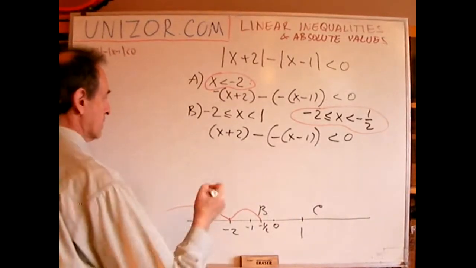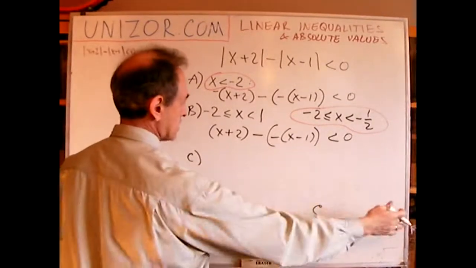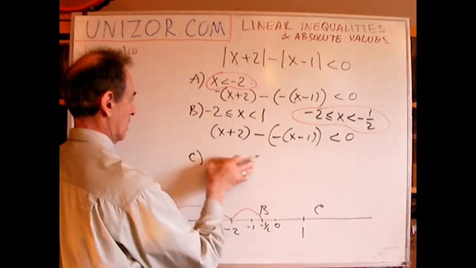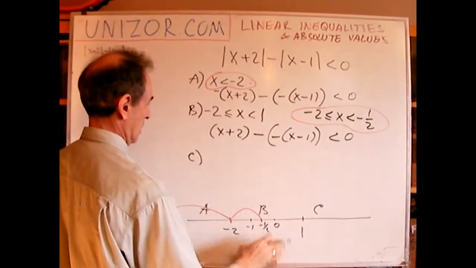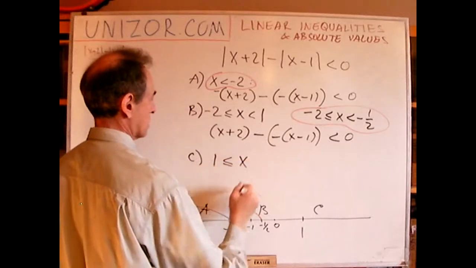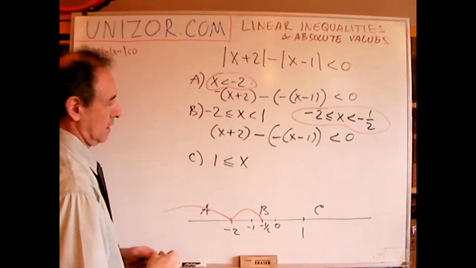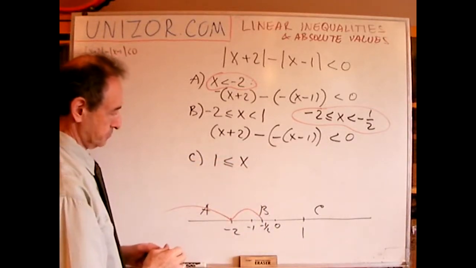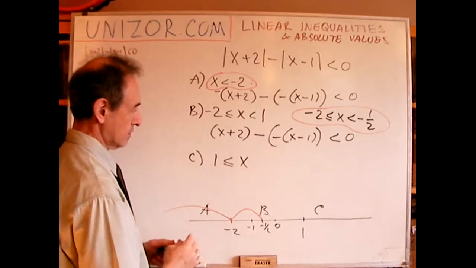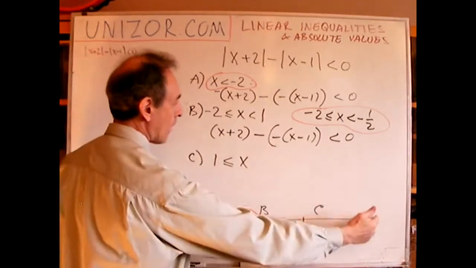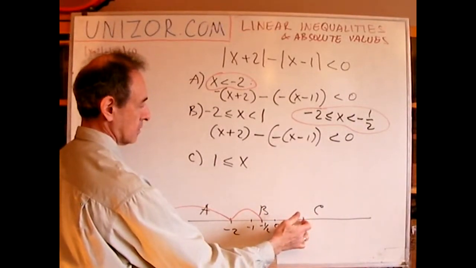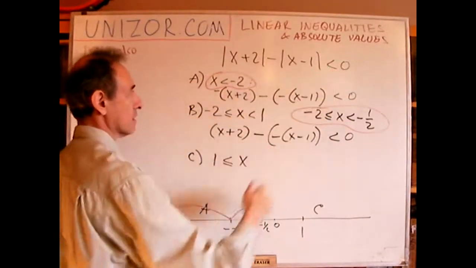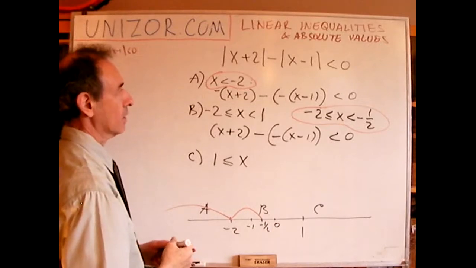Now, the third area, C, is this one. So x is greater or equal to 1. I prefer to always have less signs. All right. What's here? Well, we are to the right of this point where this is equal to 0, and obviously to the right of this point, which means all absolute values should be just dropped.